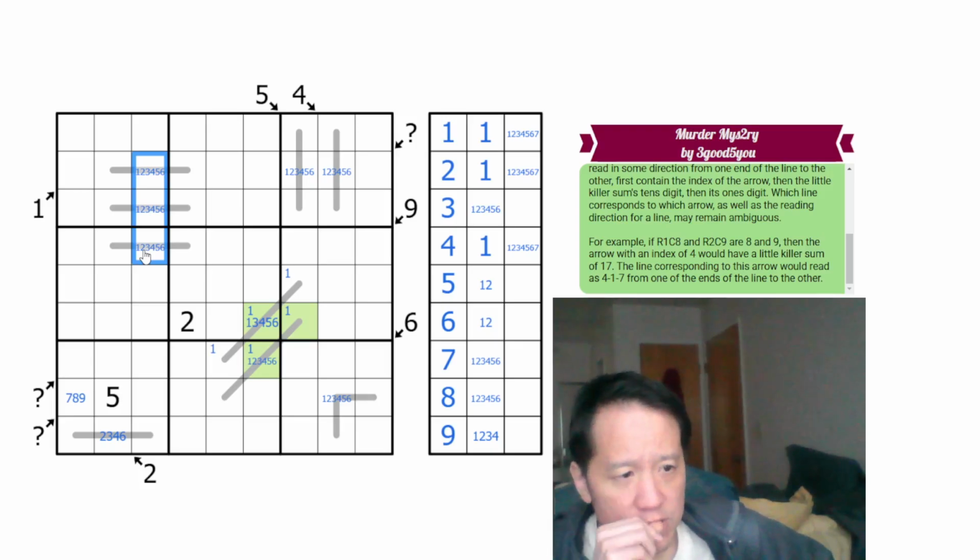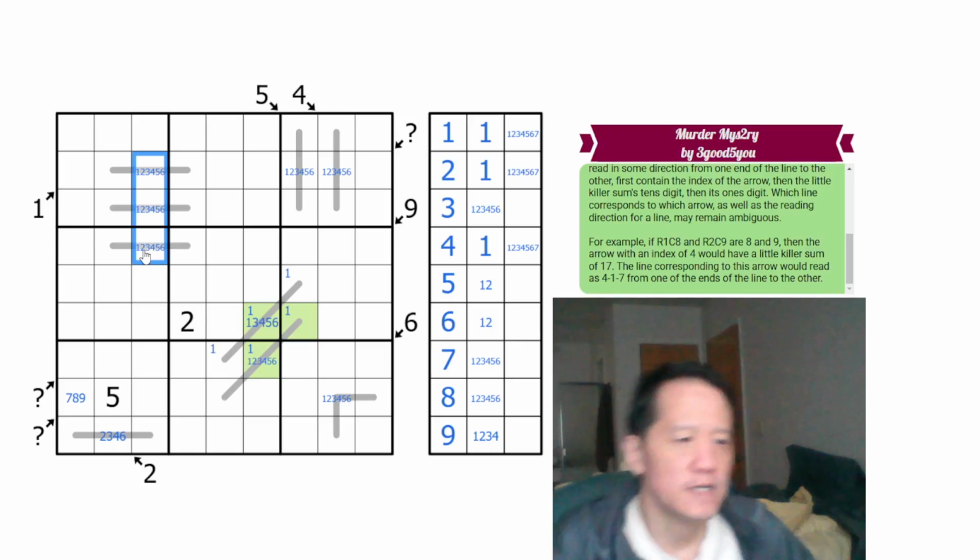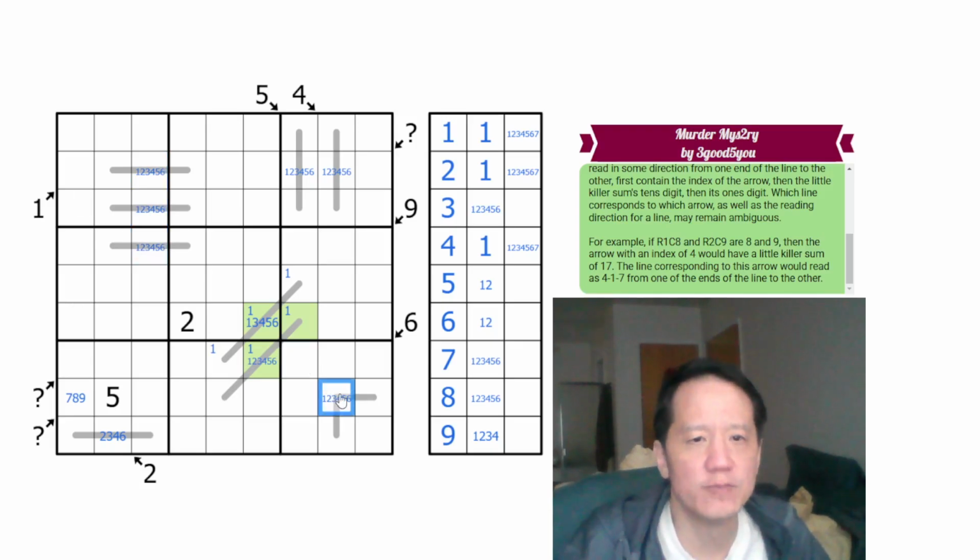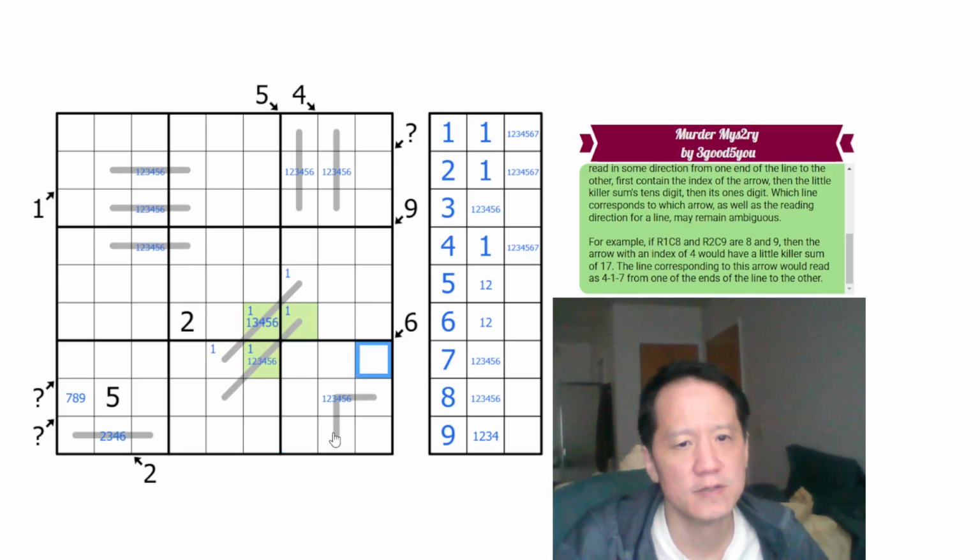Oh, interesting. If whatever number is here was a 1, that means 6 would also have to have a teen, right? Because it'd be at most 1 plus 8 plus 9. So I think that guarantees 5 has to be 2 at least.